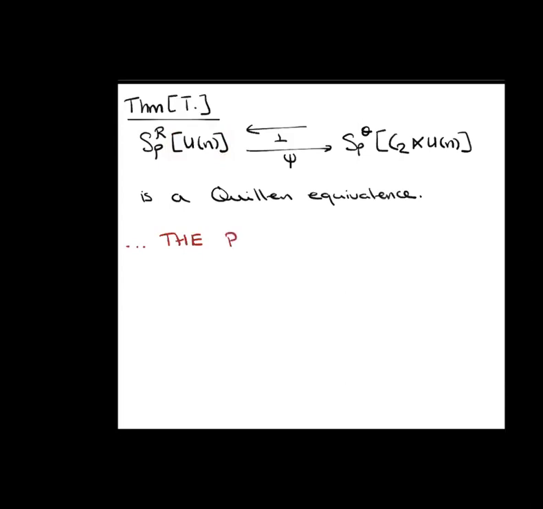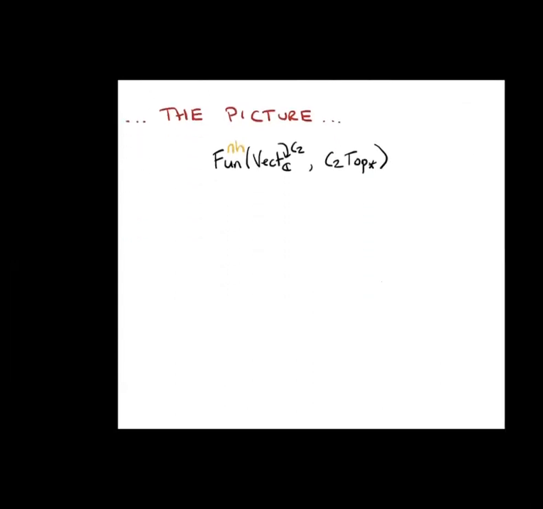So what is the picture? We started off with our good old category, and we thought, okay, take the n-homogeneous model structure, or the homogeneous functors up to homotopy. And we saw that differentiation gives us a module over the n sphere, that's an equivalence.